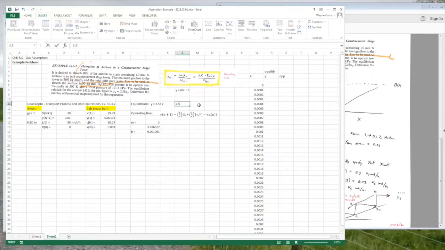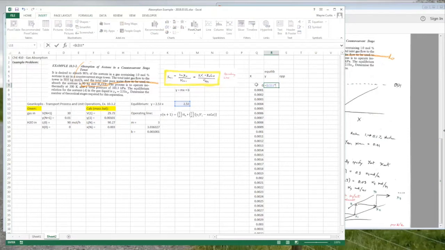a reference cell to make this easier to do, and I can then take the value of the slope. I'm going to hit F4 here to make it an absolute reference cell, and then multiply that times the equilibrium x. Functionally, this number incorporates in it Henry's law, basically.